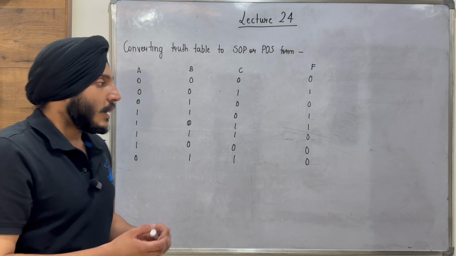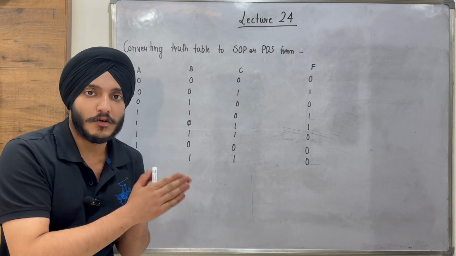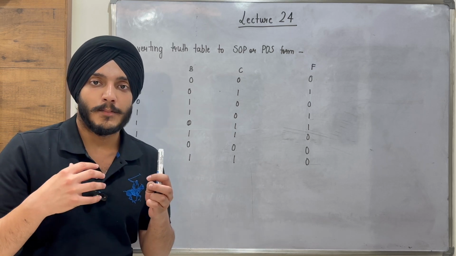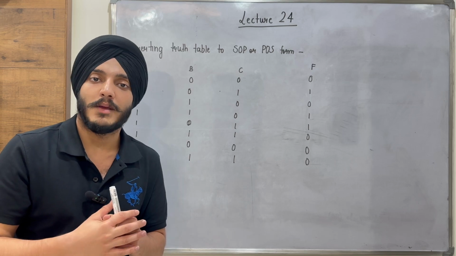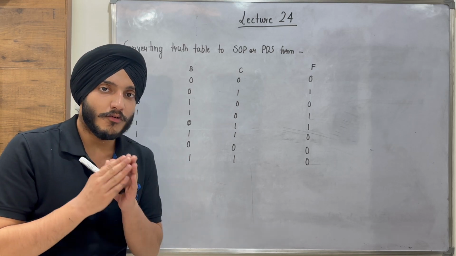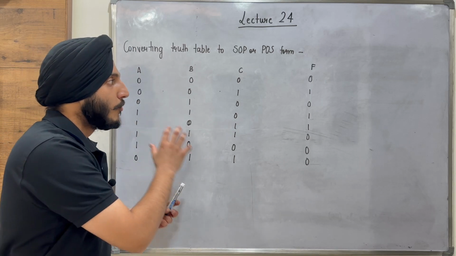Now, why do we need it? Let's first try to understand the exact importance of this. Let's say I give you some kind of a logical expression, or maybe some kind of a problem to solve. The first thing I need to do is convert it into some kind of a Boolean expression.